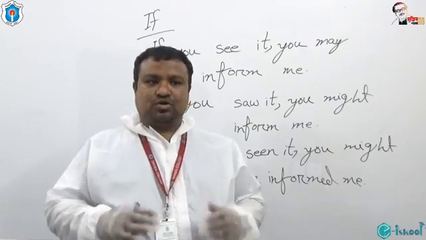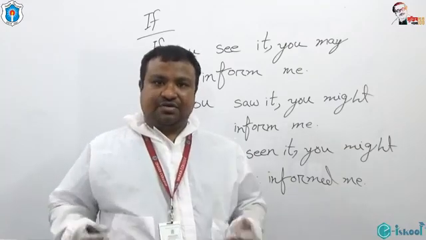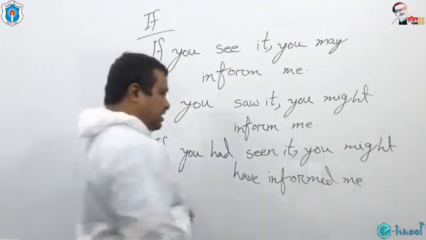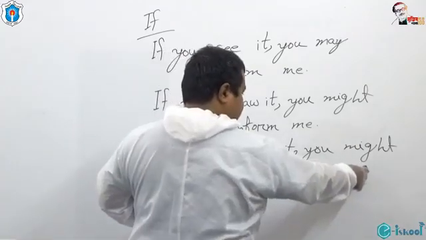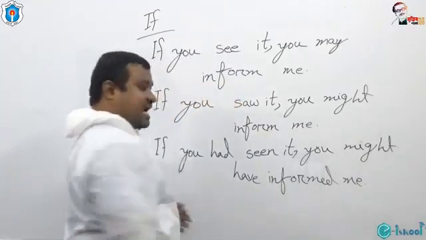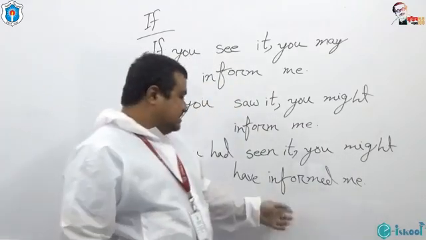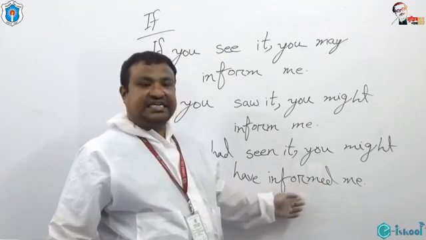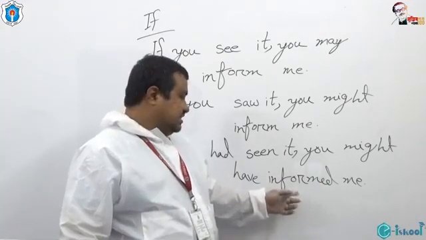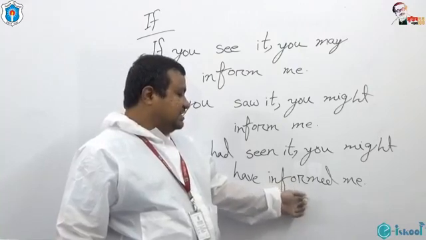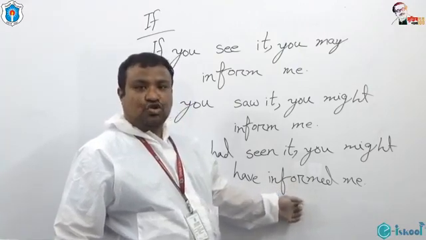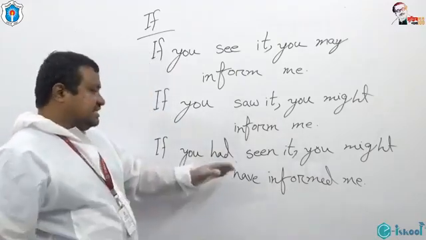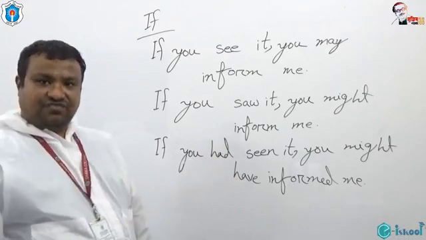When the subordinate portion is in past perfect tense, it will be followed by the auxiliary verb might have, and then the main verb, informed, will certainly be changed into past participle. So if you had seen it, you might have informed me.